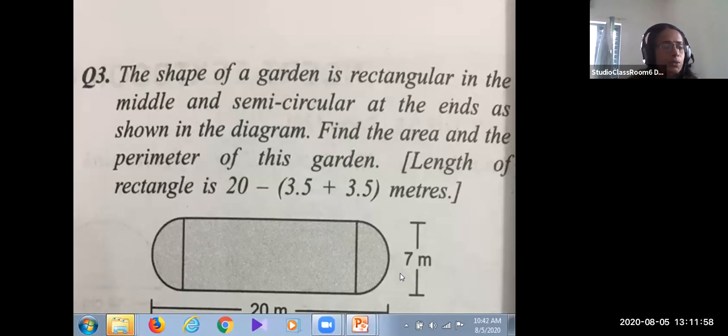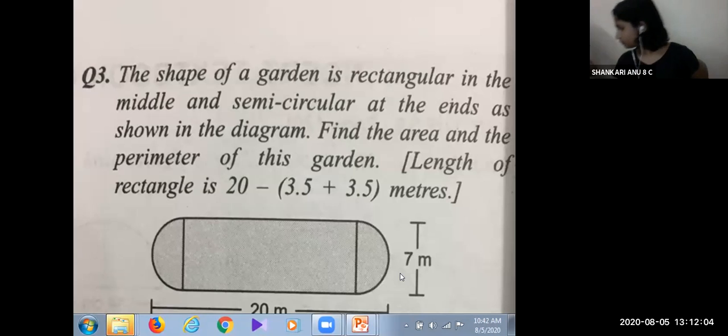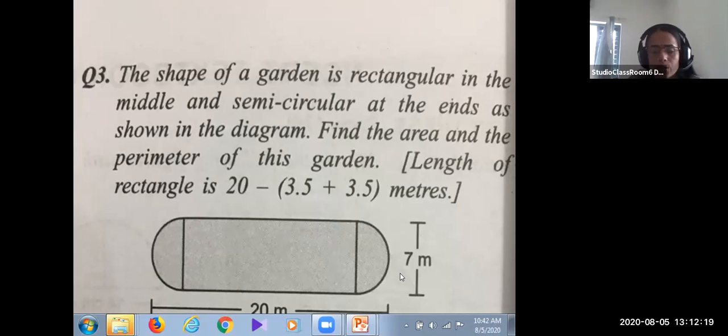All of you wrote the question? Yes, ma'am. Two semicircular. What is the area of a circle?